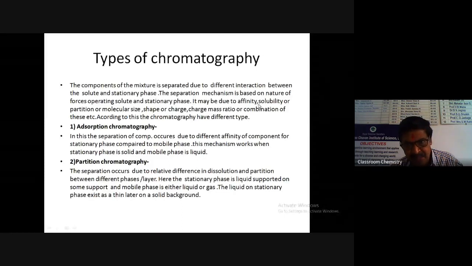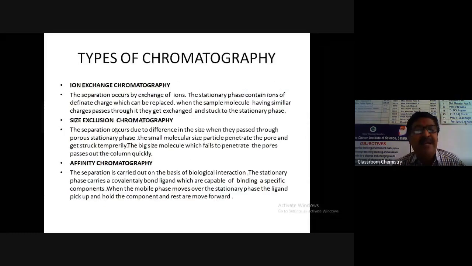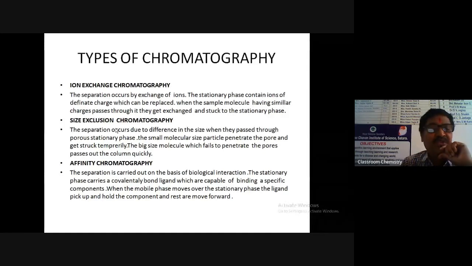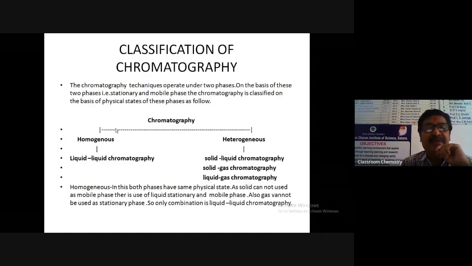It may be due to affinity, solubility, or partition, or molecular size, shape, or charge to mass ratio, or a combination of these. According to this, chromatography has different types which we have seen: adsorption chromatography, partition chromatography, ion exchange chromatography, size exclusion chromatography, affinity chromatography.